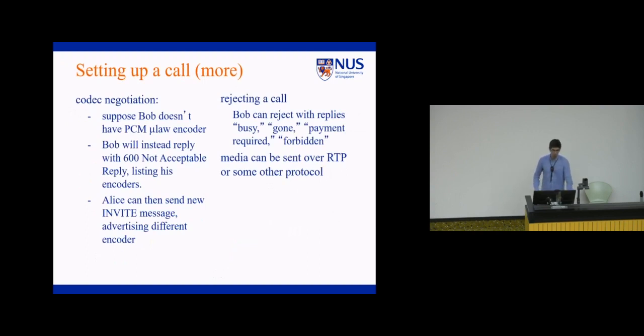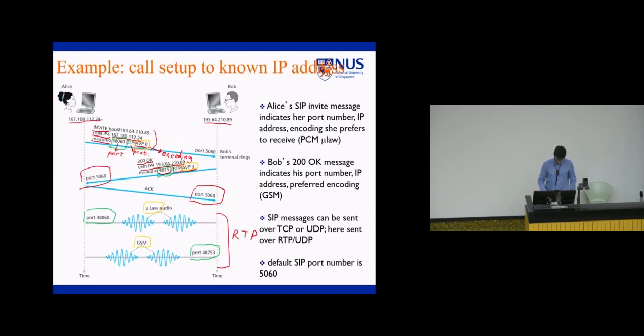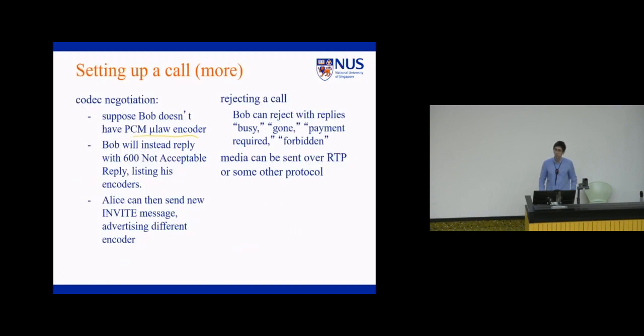A few more comments on what we saw in the previous example. Suppose that Bob doesn't have the PCM mu-law encoder. In this example, Alice said she will send AVP 0, requesting mu-law audio. If Bob doesn't have a mu-law audio encoder, he won't be able to send it.